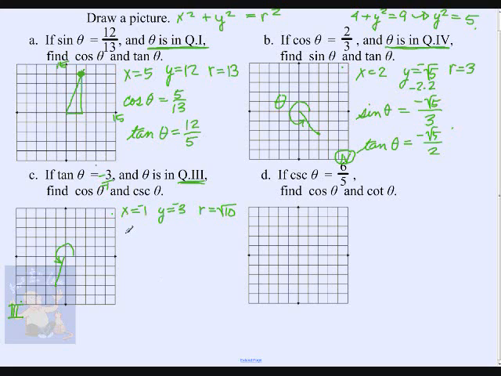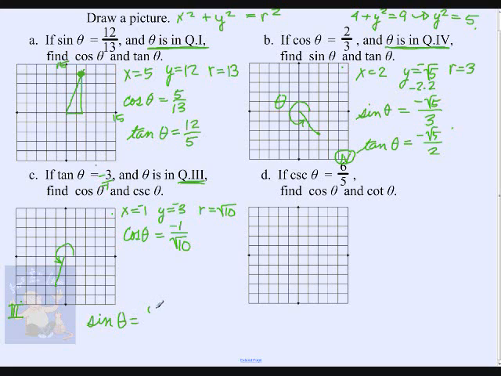What would cosine theta be here? It would be negative 1 over the square root of 10. And what would cosecant be? Well, remember that cosecant is the reciprocal partner of sine, right?